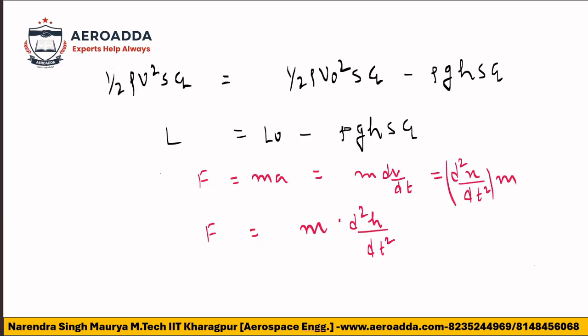Because the object is moving in the h direction, instead of x you will write d square h by dt square. Why are you doing this? Because you want to write the natural frequency for that oscillation. So for that reason, if you remember the main equation in vibration, also in the form of Newton's second law, we had written the inertia force. So this is actually the inertia force, correct? But inertia.